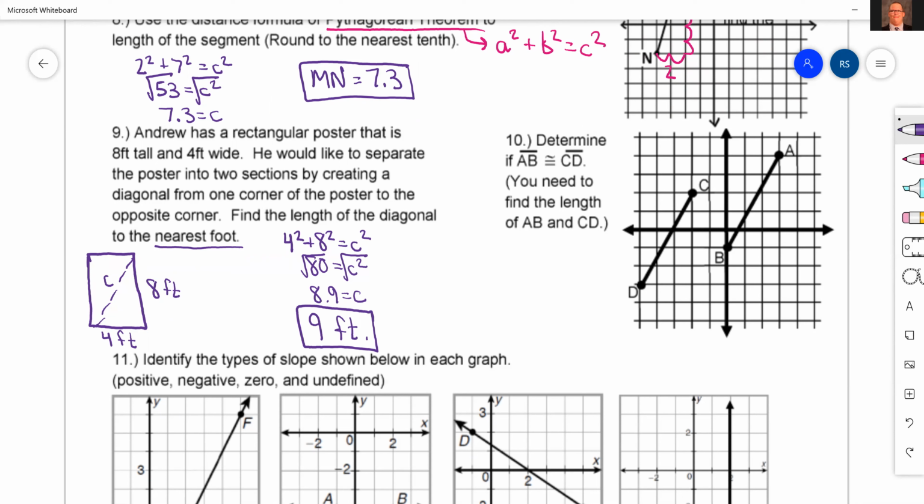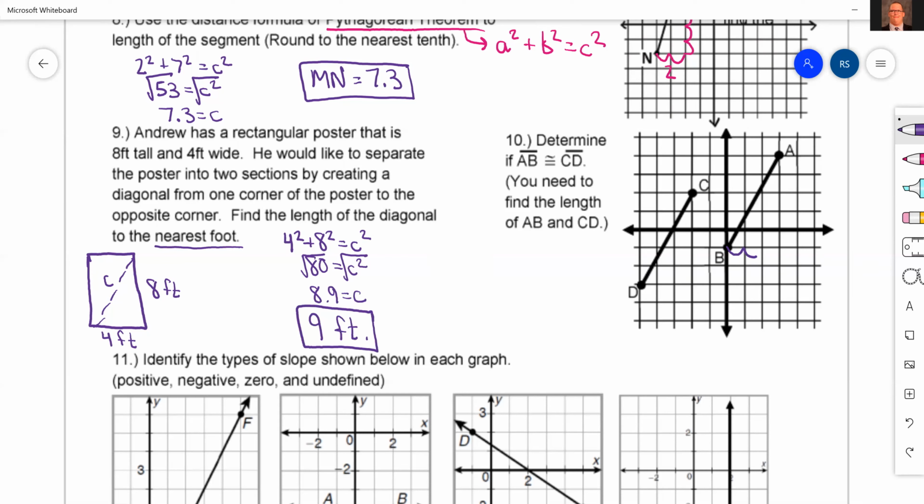Okay, number 10. Determine if segment AB is congruent to CD. And to do that, we need to find the lengths of AB and CD. So since they give us the lines here in the graph, we'll do Pythagorean theorem and start with AB.